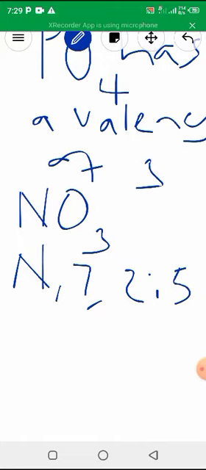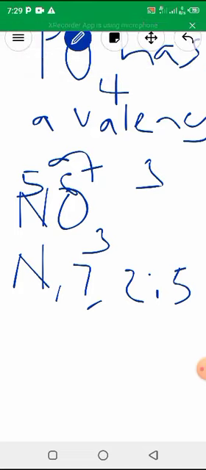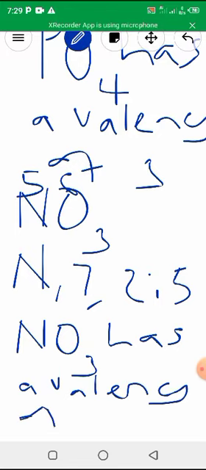The group of nitrogen is 5, on top of nitrogen. Oxygen has a valence of 2, times 3 is 6, and therefore for the valence of a nitrate, just get 6 minus 5, which is 1. Nitrate, NO3, has a valence of 1.